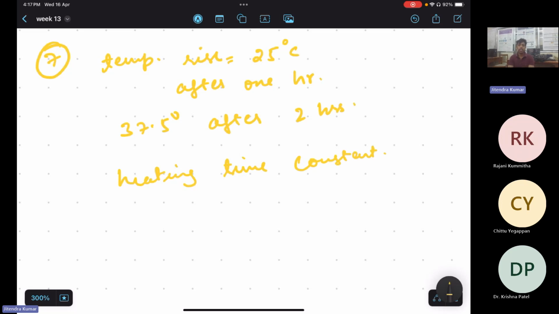Right. So what will be the heating time constant? You have to relate it in terms of the electrical condition. How does it happen in the electrical condition? In electrical conditions there is a transient equation of charging.